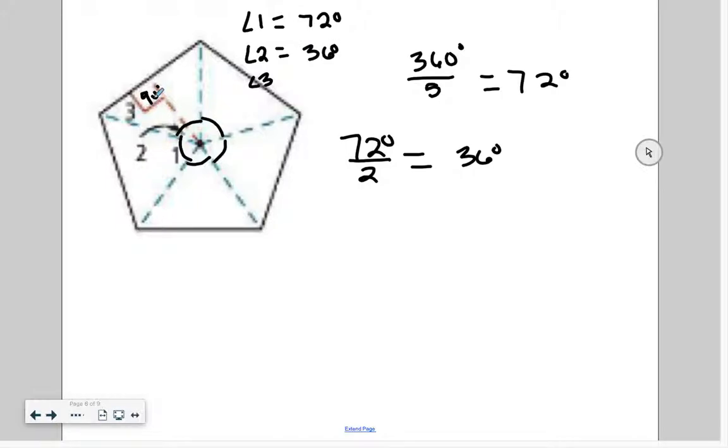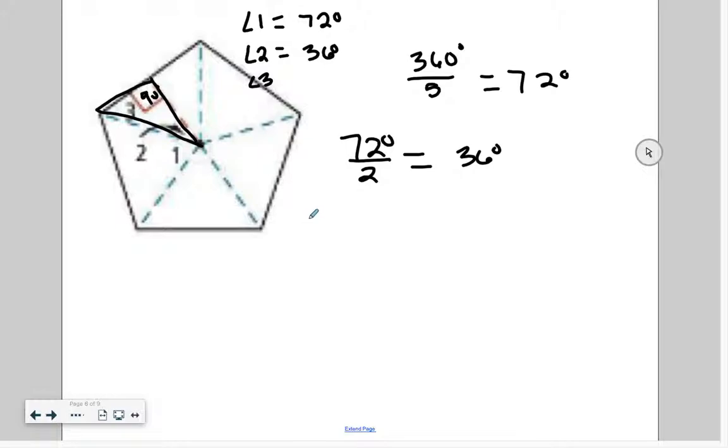Now they're asking for the measure of angle 3, and I'm going to delete this here so we can focus. But notice that the apothem along with the radii are creating a right triangle here. And we've learned before how to find the measure of all 3 angles in a triangle. All 3 angles in a triangle will add up to 180 degrees every time, okay?